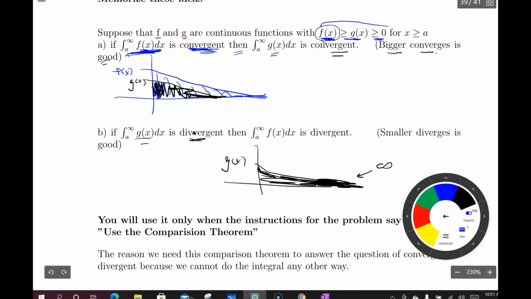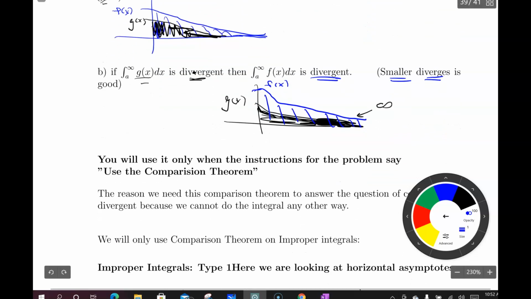That f is larger than g. So f is still up here. What do I know about the area under the blue if I know that the area of the black is infinity? Well, the area of the blue must be infinity as well. So the smaller diverging is good.